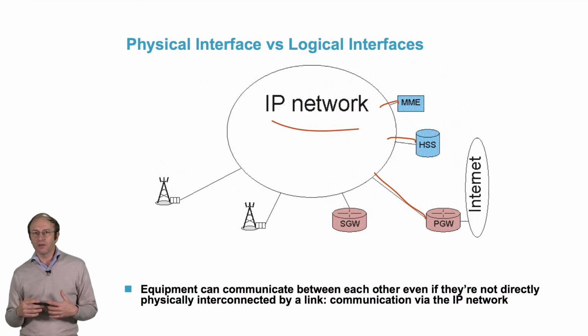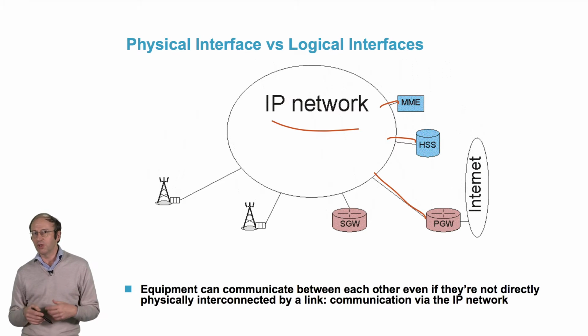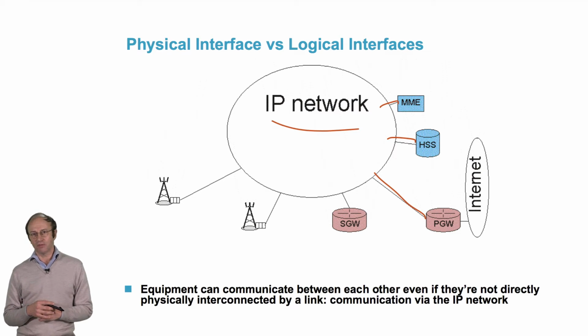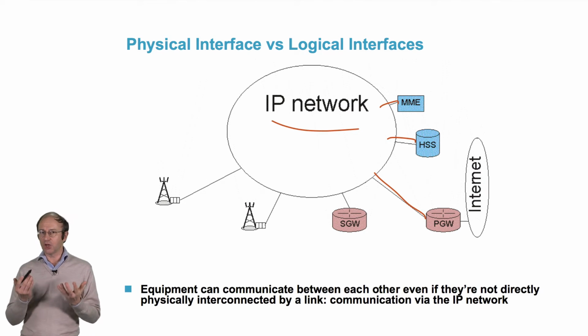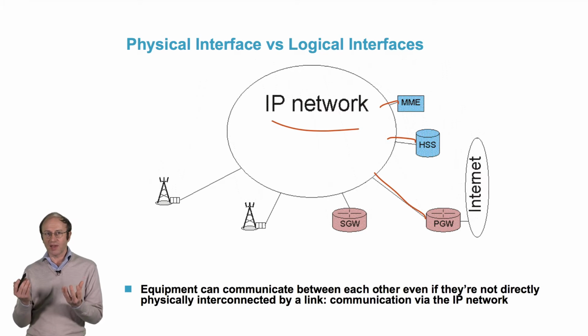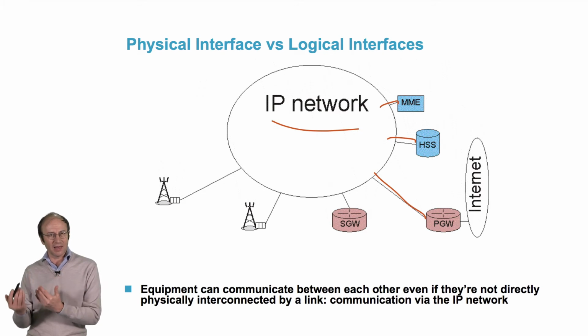We'll define a certain number of interfaces, for example, between two eNodeBs, between an eNodeB and a serving gateway, and so on. Each interface is specified because above the IP, there will be communication protocols specialized in mobility management or the exchange of data taking into account mobility.